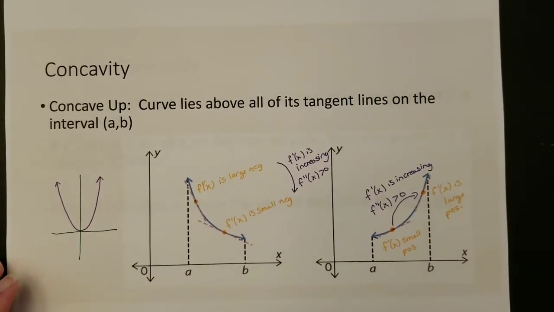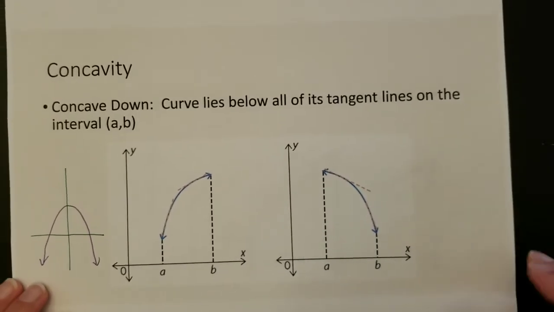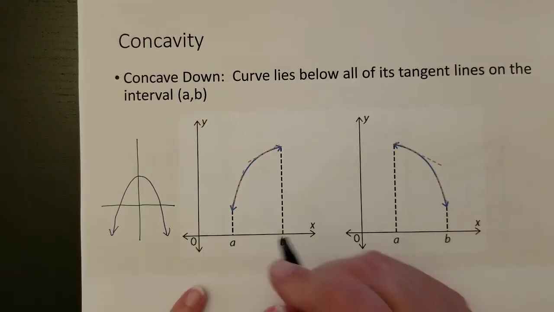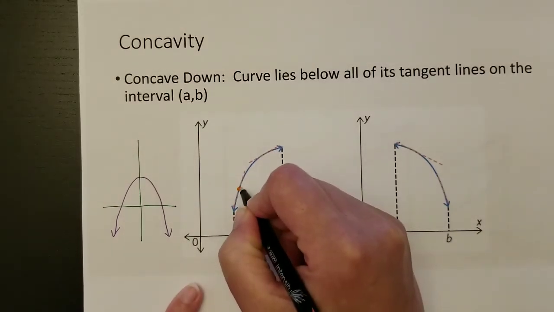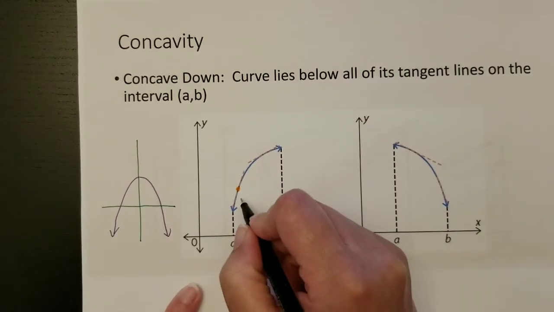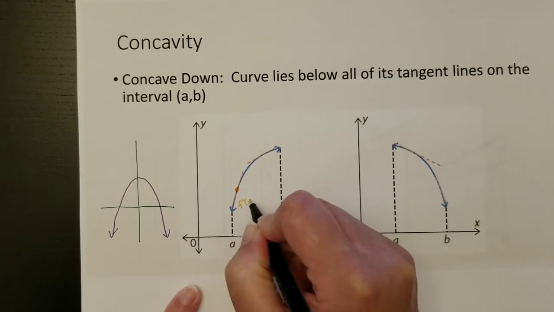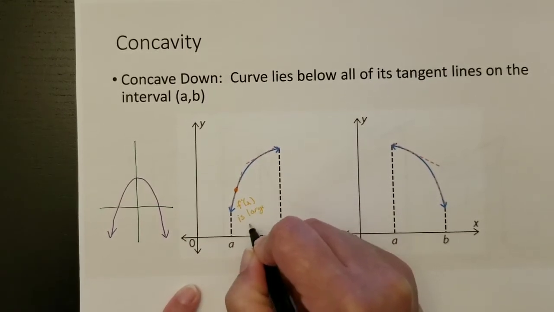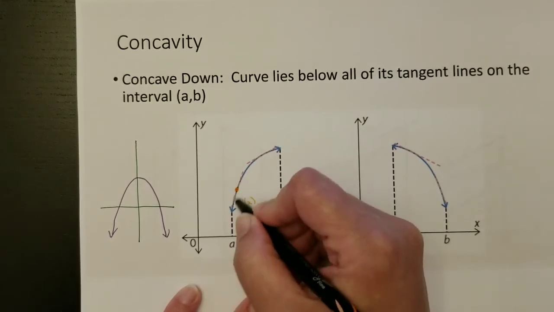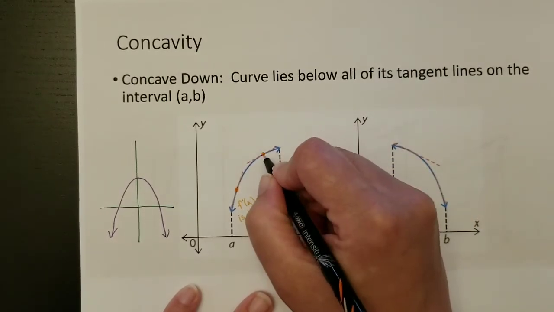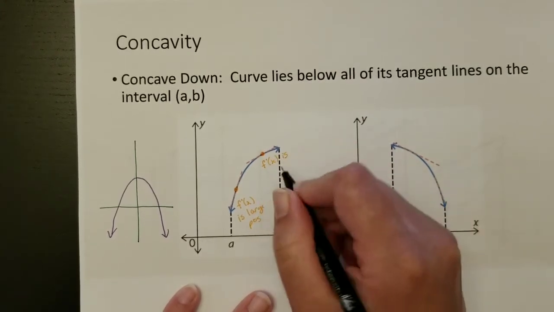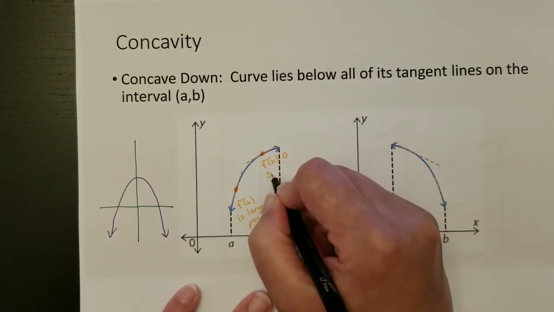And sort of the opposite situation here, if we compare these ones, here we've got f prime at x is, this would be a large positive. So the slope there is big positive, and here the slope is small positive.